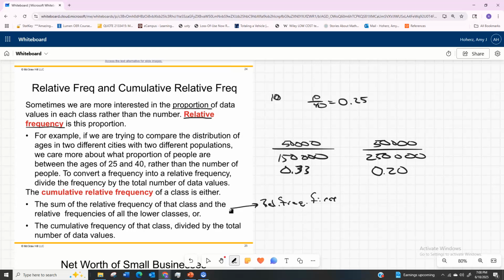Or you can do the cumulative frequency, so you take each category's actual frequency number, like the 10, and add those up, and then switch those cumulative frequencies to relative cumulative frequencies. And because of rounding differences, you may get different answers.